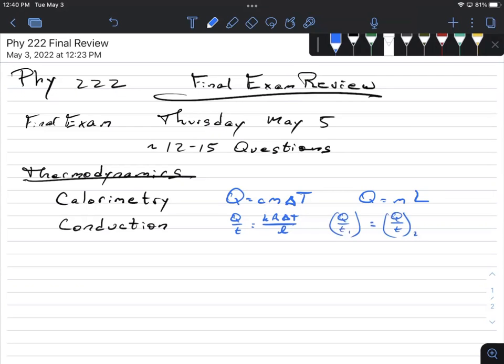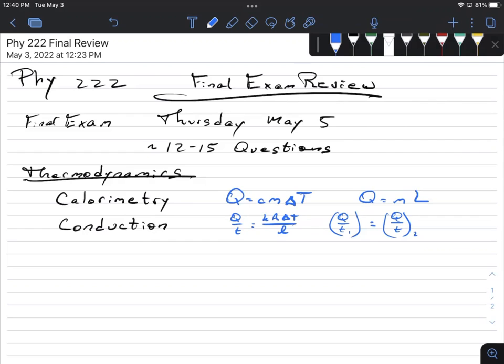That is, if you have two materials, wall and insulation, and you want to send heat through that system, then you know that the heat transfer rate through the wall part must be equal to the heat transfer rate through the insulation part, because the heat has to go through everything. So you would say K A delta T over L for the wall is equal to K A delta T over L for the insulation, and so forth.